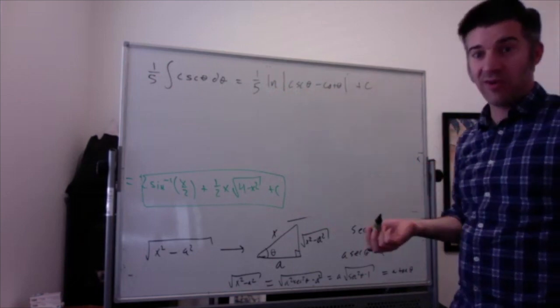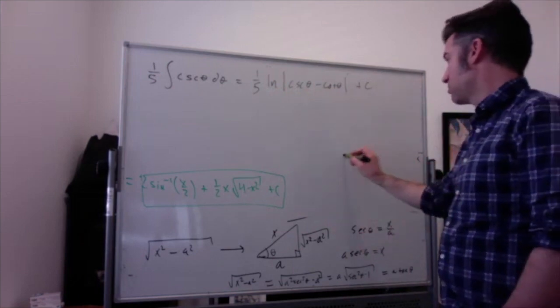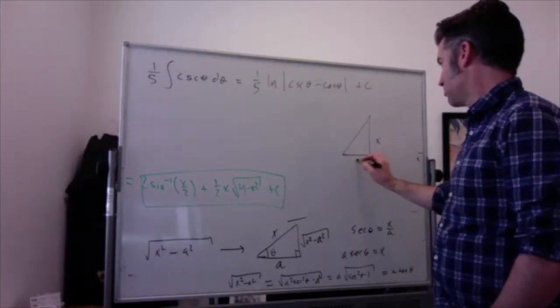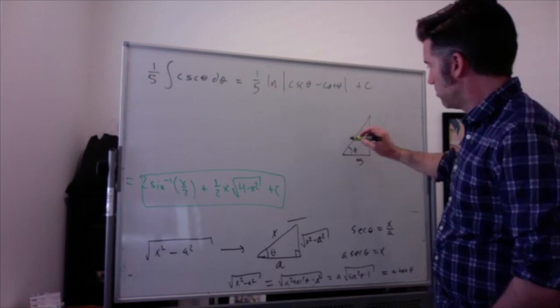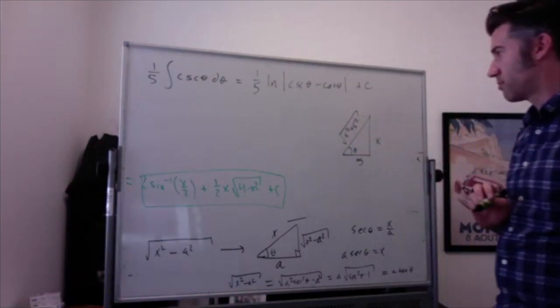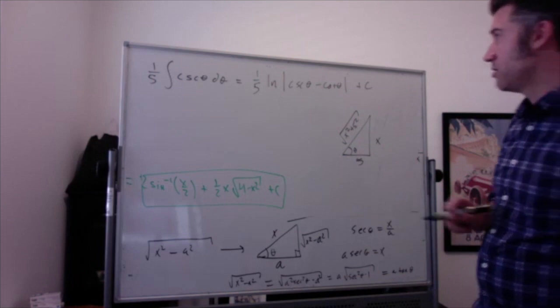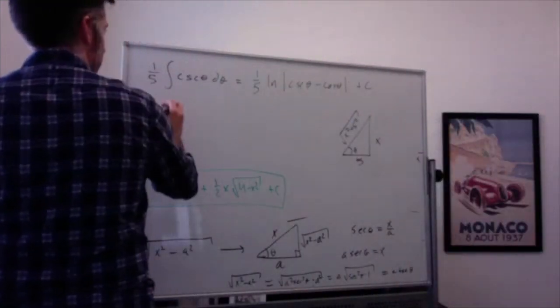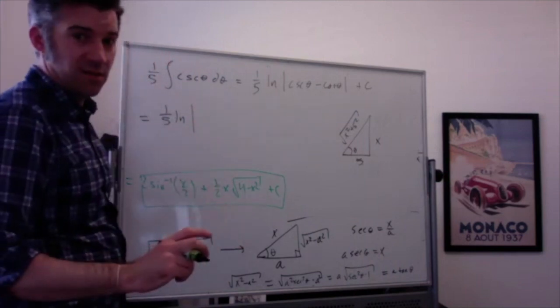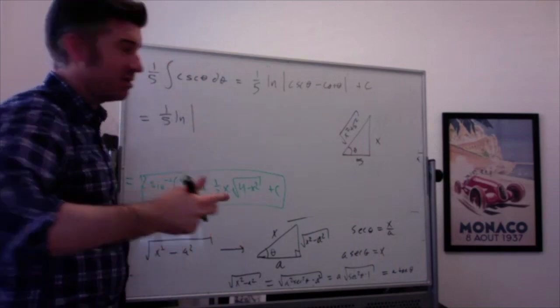And now we have to go back and look at the triangle. And say, okay, cosecant of theta, well, cosecant is the reciprocal of sine.